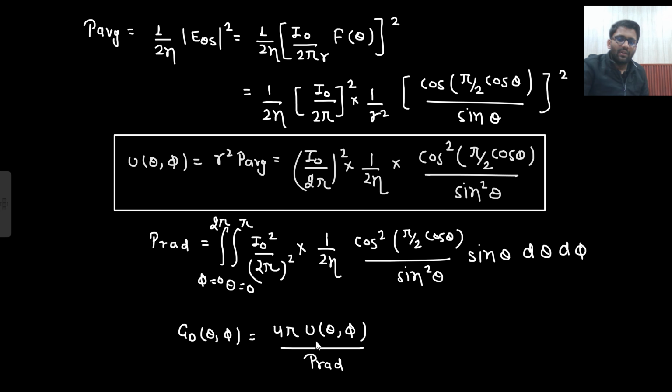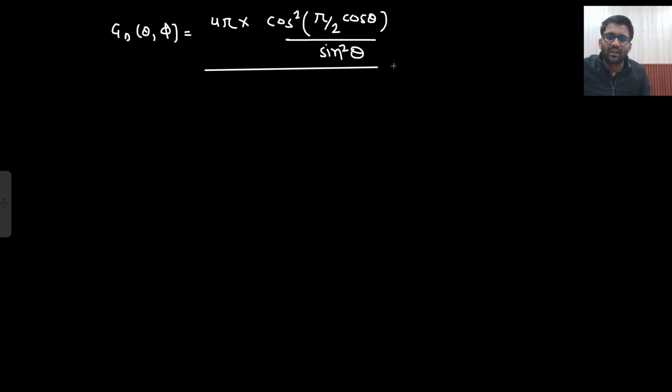Now U(theta, phi) will have this much thing, and P radiated will also have this thing, which is a constant that will be coming out. So this and this will be getting cancelled. So what we are left with? Cos square of pi by 2 cos theta divided by sin square theta on the upper side, and downward I need to integrate.